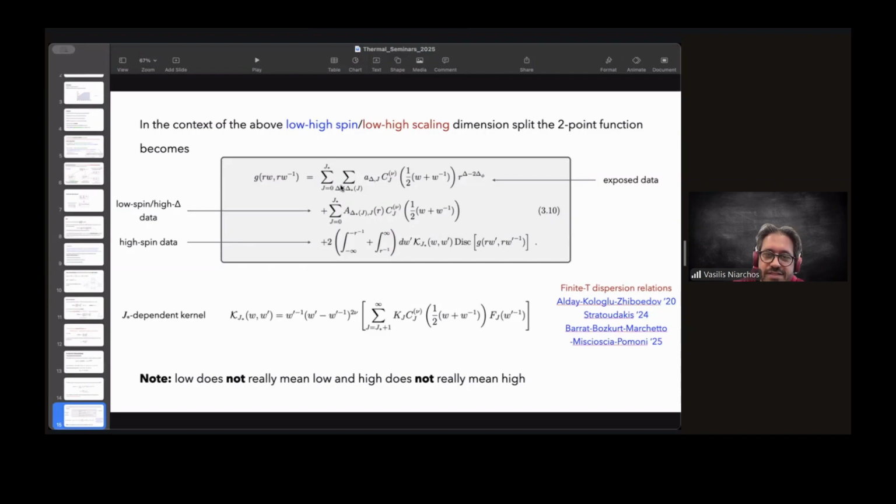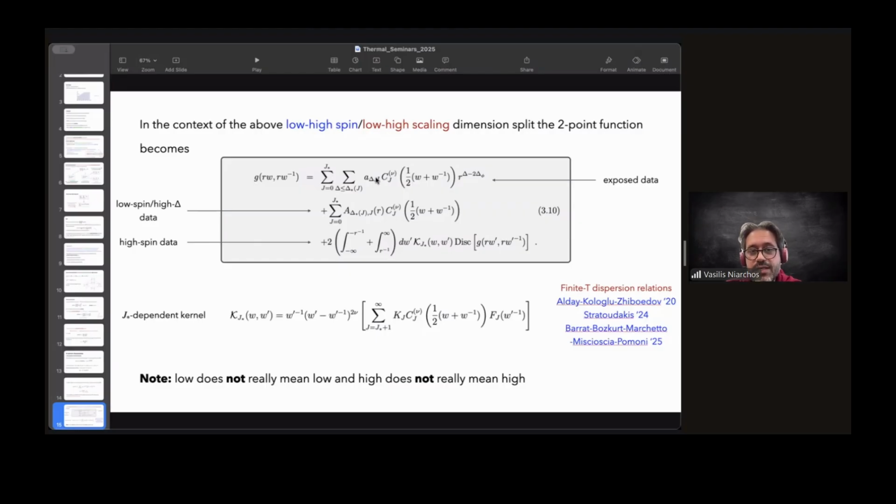So the first line on the right-hand side contains all the data that I call exposed data, with scaling dimensions less than my delta star cutoff, and for j less than or equal to j star. Here you can see I assume in the standard way that I know the deltas, and I want to determine these unknown thermal OPE coefficients A_delta,j.